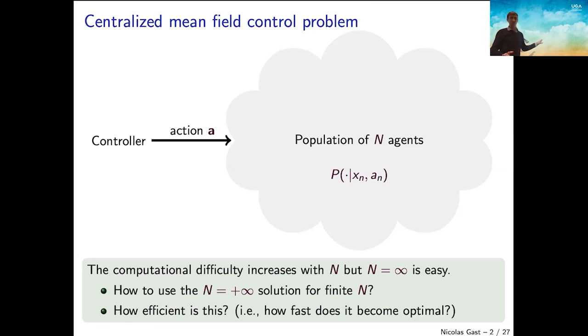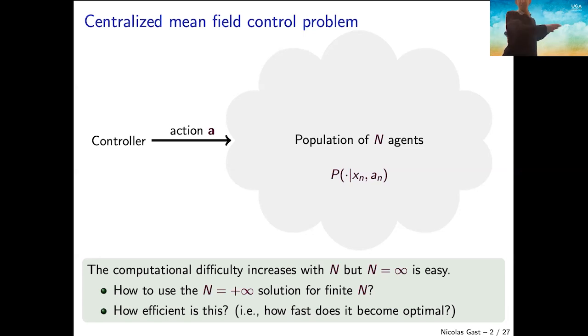But now the thing is how to go back from this n infinity solution to the finite n problem. And so that's what I'm going to talk about. So how to use this infinite simple solution for my original problem, and also how efficient this is, meaning that in some cases, we know that this becomes optimal, but somehow we want to try to quantify how fast this works.